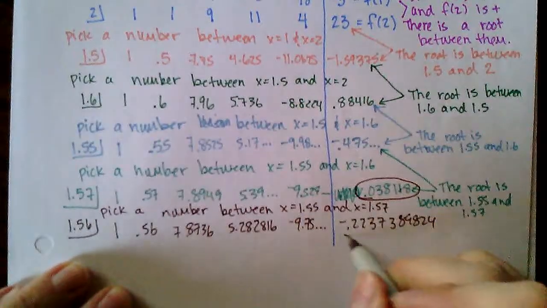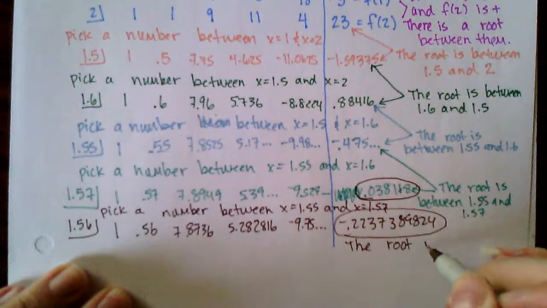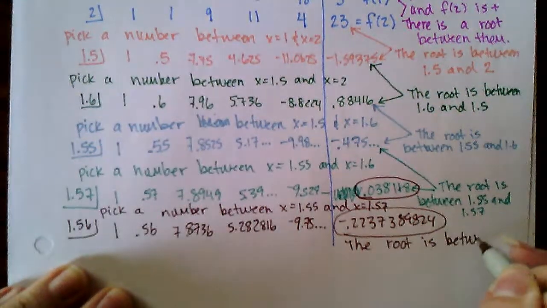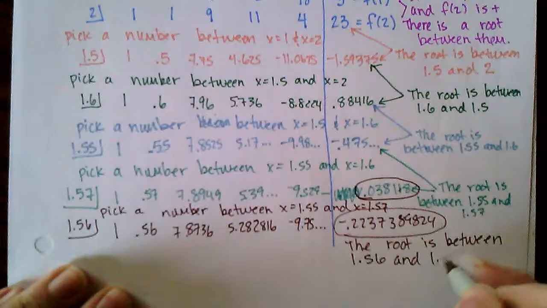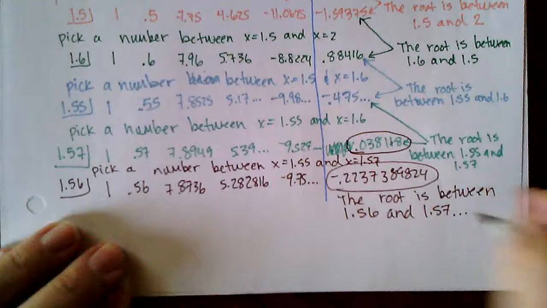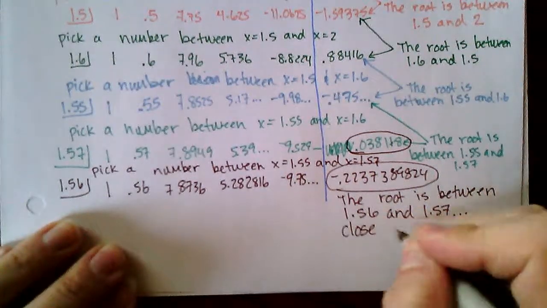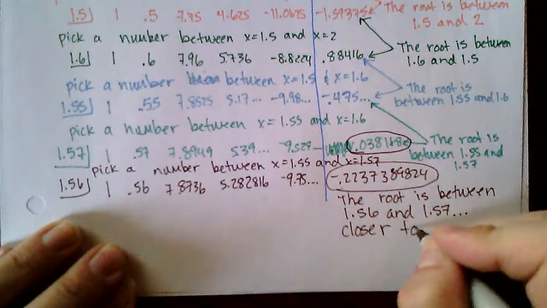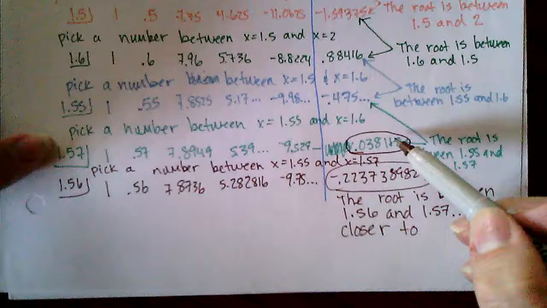So now we see that the root is going to be somewhere between 1.56 and 1.57, because here it's positive, here it's negative. So I know it's between these two. But which one is it closer to? Because we're supposed to estimate only to the nearest 0.01. So I have to decide that it is closer to either 1.56 or 1.57.